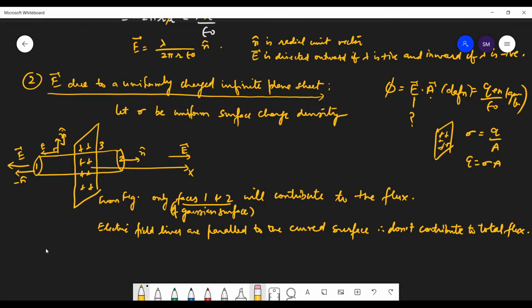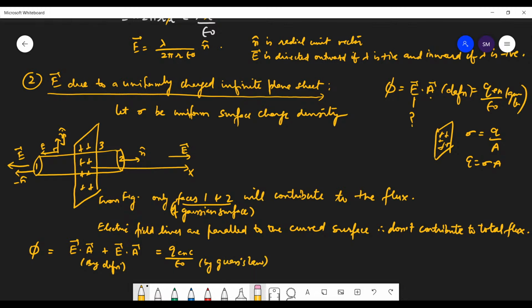So total flux, like we have written earlier, by definition through surfaces 1 and 2 will be E dot A plus E dot A, equal to the net flux through the Gaussian surface, and that is the charge enclosed, Q enclosed divided by epsilon naught. This is by definition of flux, and this is by Gauss law.